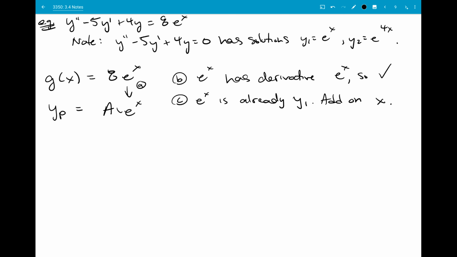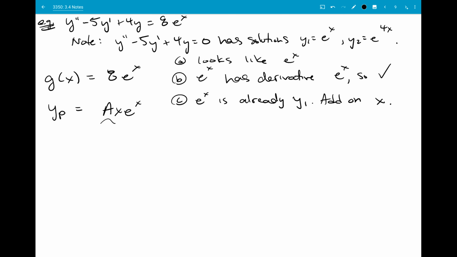So I have to add on an x in order to actually have a new solution. So step A was looks like e to the x. Step B was, I've already covered the derivatives. And step C is, that solution already exists. I'd better add on a power of x.